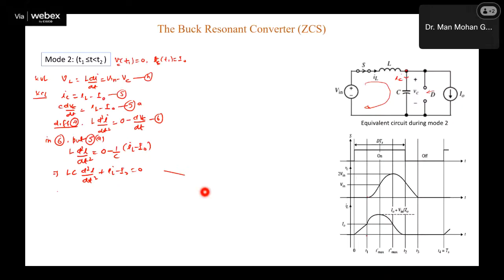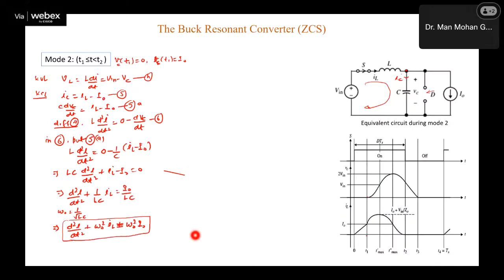Okay. So if I replace, let's say, omega naught equal to 1 upon root LC, that means it becomes d2I upon dt2 plus omega naught square IL equal to omega naught square I naught. So this is a second order differential equation in IL, where I naught is constant and omega naught is also constant, which is 1 upon root LC, right?